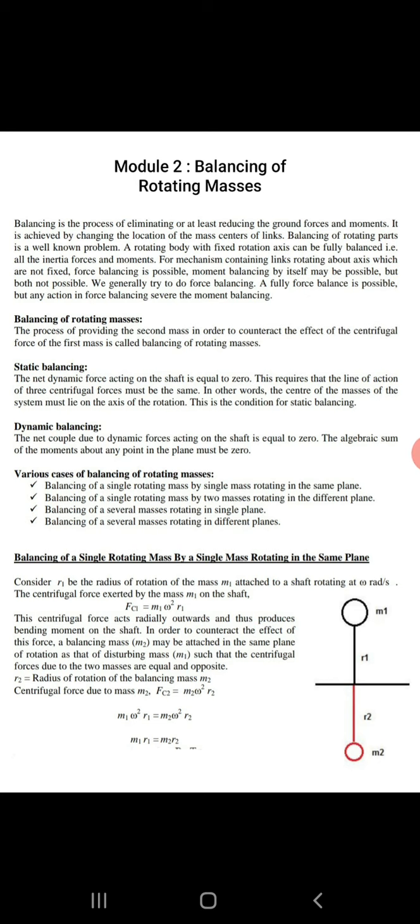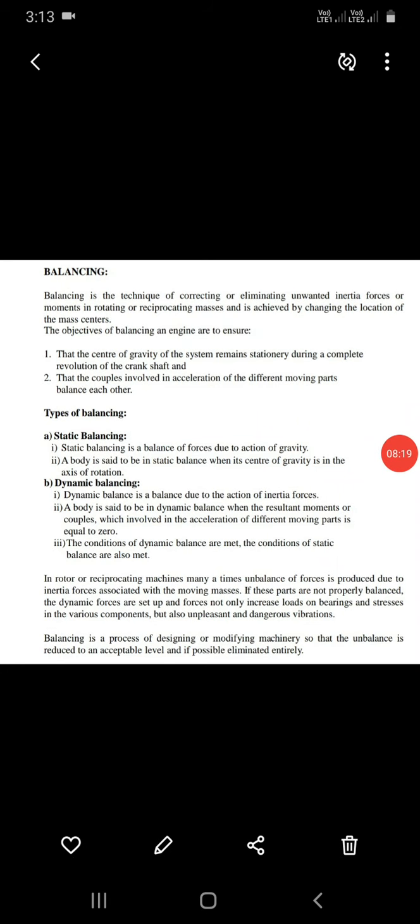Balancing in a rotating body is very important, just to avoid the unnecessary vibrations. There are many methods to resolve vibration problems, or else it will lead to dangerous vibrations. Balancing is a technique of correcting or eliminating unwanted inertia forces or moments in the rotating or reciprocating masses. It is achieved by changing the location of center of mass.